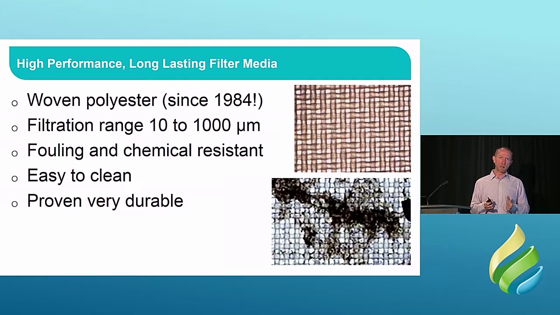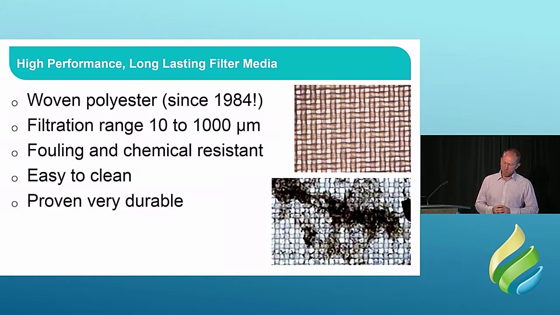We offer it in a range of openings, the actual weave, tighter or looser, depending on the application. In a tertiary treatment application, we're often going to be using the 10 micron cloth, the tightest mesh size. Could be a little bit bigger than that. I see 40 micron sometimes, for example.